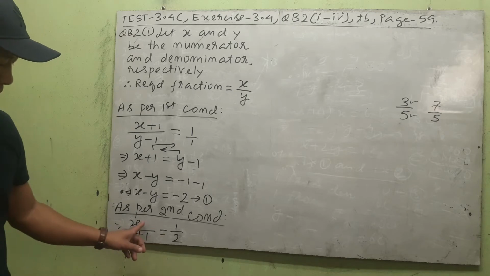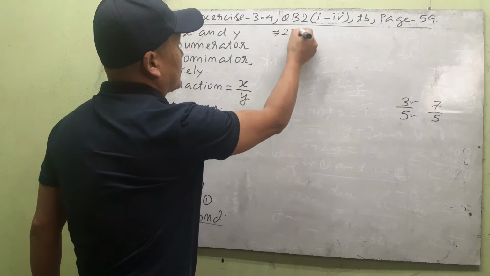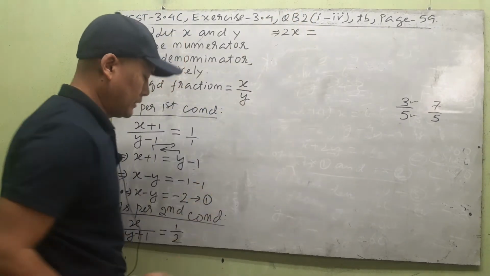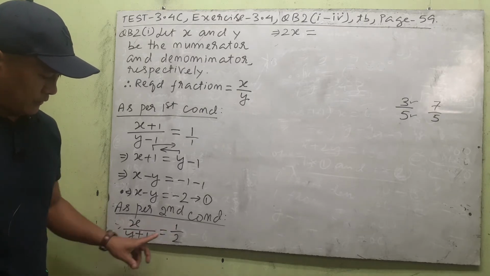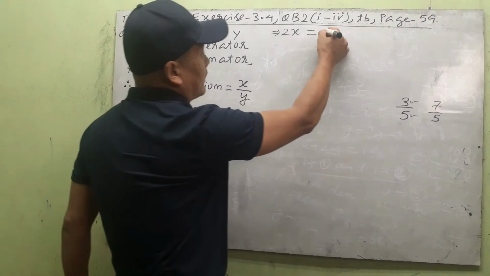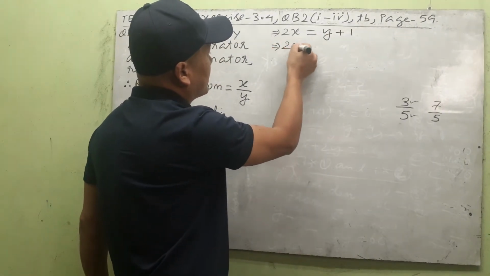So as we cross multiply, x into 2, we're going to get 2x. After that, put equal sign, and then y plus 1 into 1 is y plus 1. Let's put the x term first, 2x.